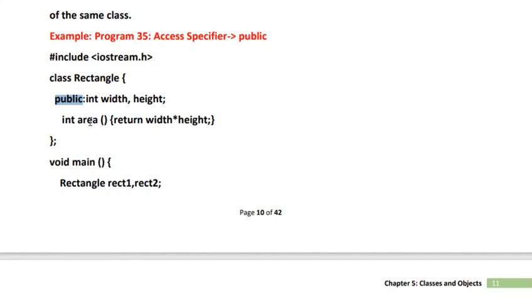In the member function area, we find the product of width and height and return an integer value. So area is a member function that takes width and height and returns an integer value pertaining to the area of the rectangle. Here you see the data members as well as the member function are public in nature.